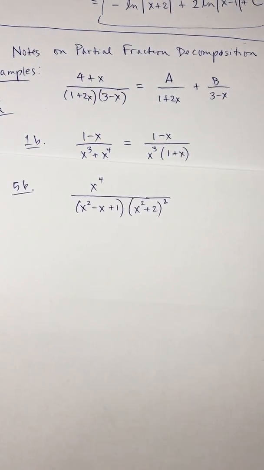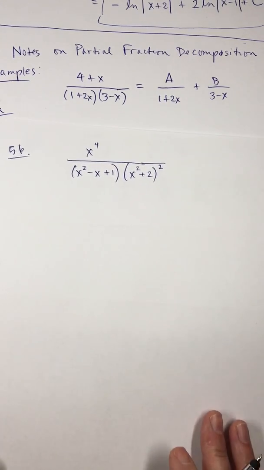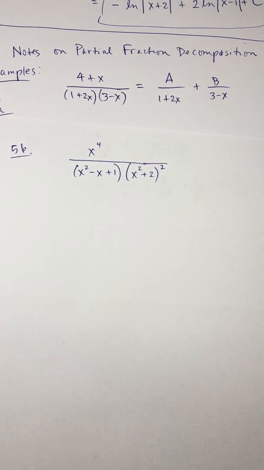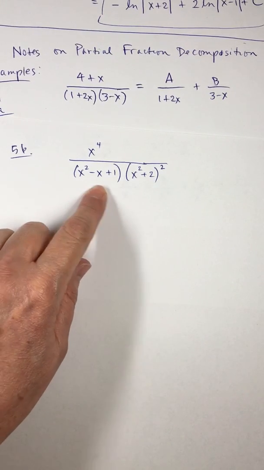For this problem, can you factor x squared minus x plus 1? Not when the coefficients are from the real numbers. So in terms of what you learned in algebra, this is prime.